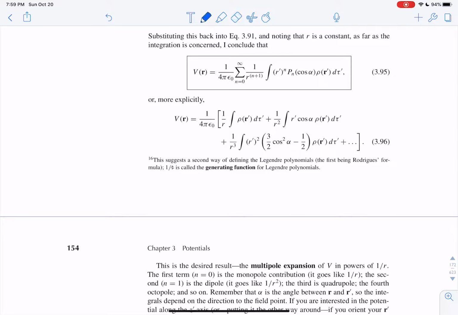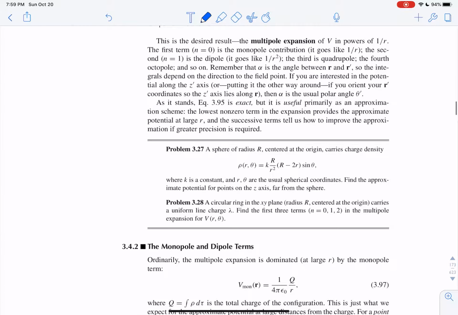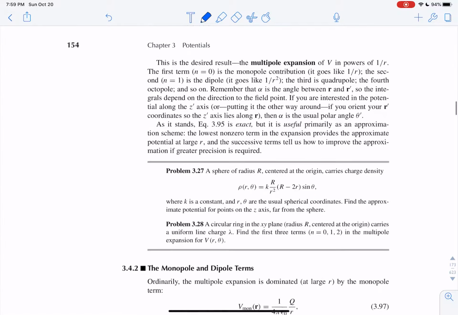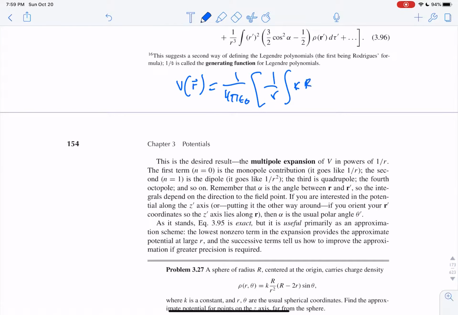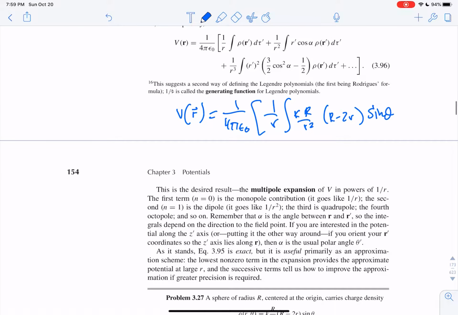So you're going to have V of r equal to 1 over 4 pi epsilon naught times 1 over r times the integral of our charge density, which is this mess: k r over r squared times r minus 2r, and then a sine of theta. We're going to do this in spherical coordinates because they gave it to us here, so we have an r squared dr, a sine theta d theta, and a d phi too.